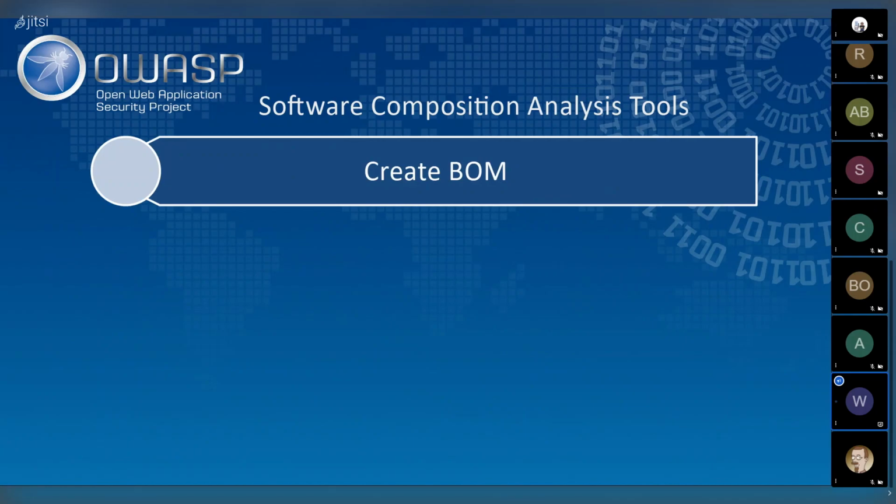Then it finds the identifier of each library. It might be name and version, or in the Java world, it's group, artifact, version. Then it calculates its hash to check its integrity, which is quite important because sometimes you may have an attack on the place where you're taking the library from.